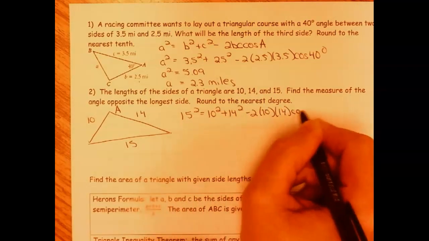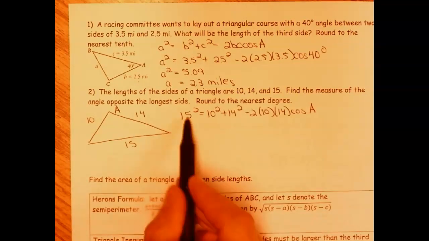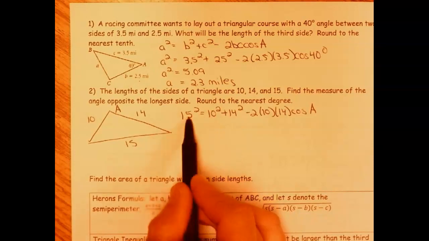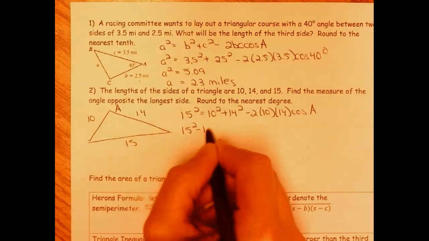Substituting everything else, and we've got cosine of A. I need to solve for the cosine of A. Now, many times what you probably did before, you squared this, you squared this, you squared this, you added them together, and then subtracted. I'm going to suggest we can do all of that in a single step.